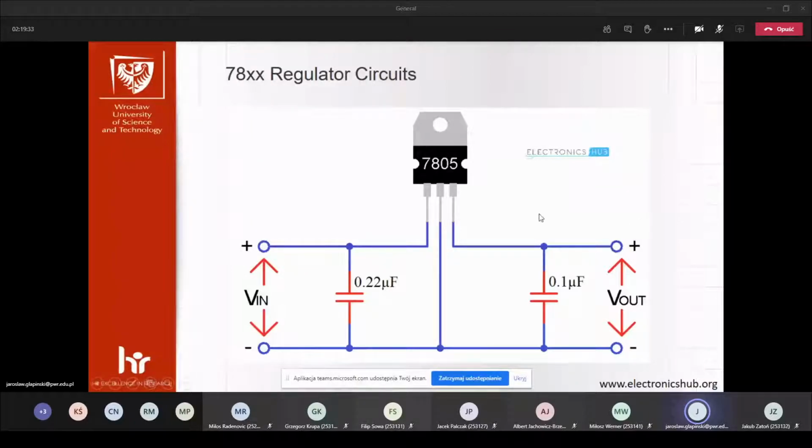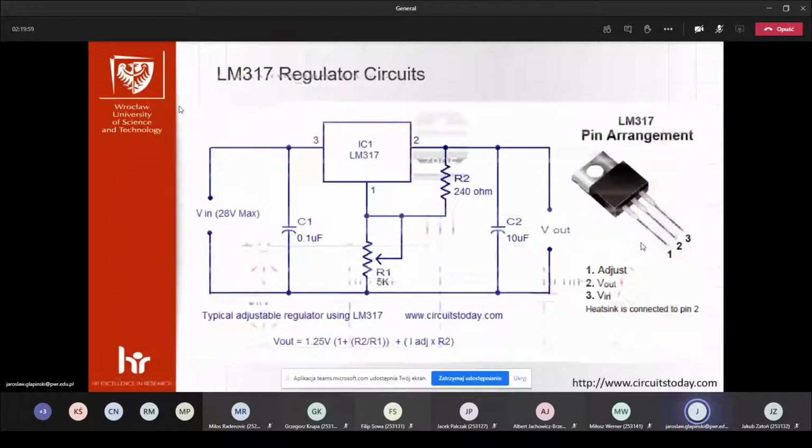Okay, so this is a solution for stabilizing the voltage, but in this case we can use one stabilizer for one voltage. So we must buy a special circuit with a special name to have the voltage we need. But we can also use voltage regulators where we can set the output voltage using outside elements.